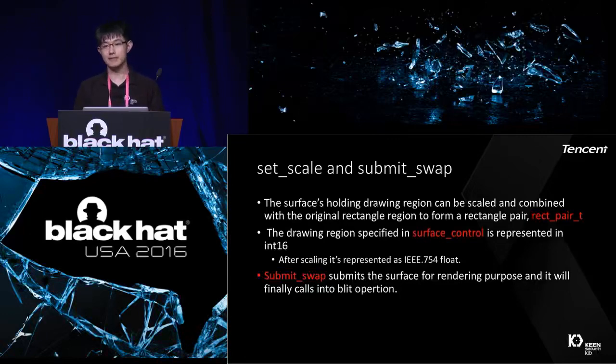Finally, after these steps, we provide the rectangles from user space, and the rectangles are scaled and combined to form a pair. Then we call submit swap to submit a surface. Submit swap additionally does a normalization, which is the blit operation, and it finally submits it to the GPU.